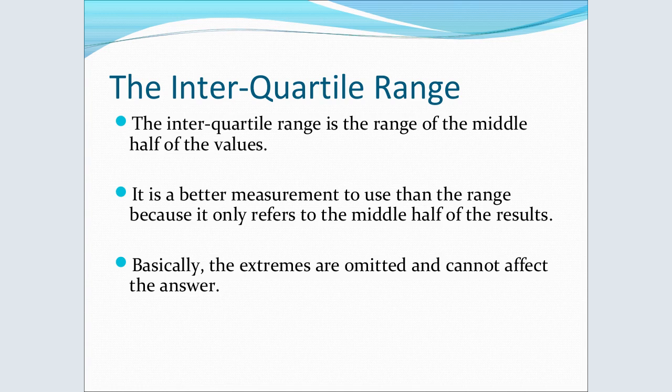When you're asked to come up with Q3, you use the formula for the median, which is given by L1 plus, instead of n over 2, we're going to have 3n divided by 4.